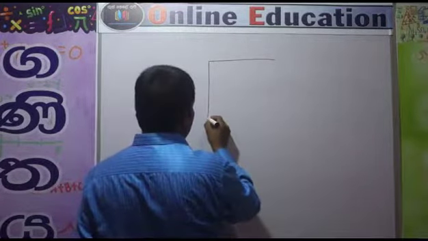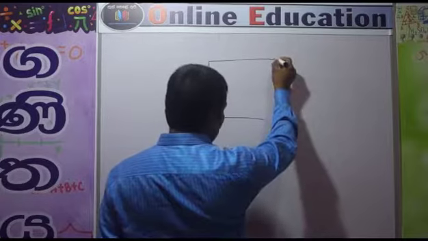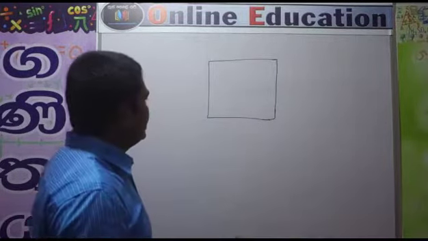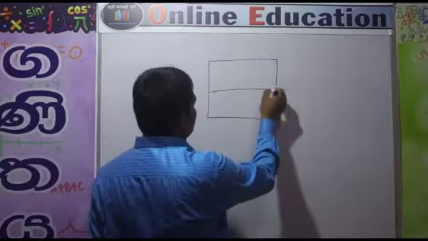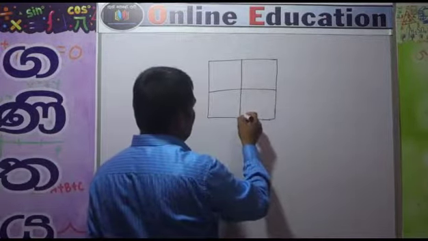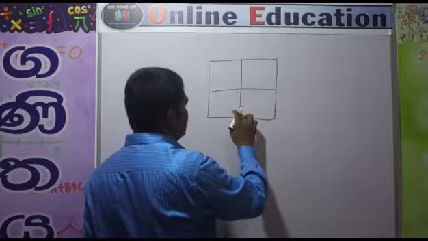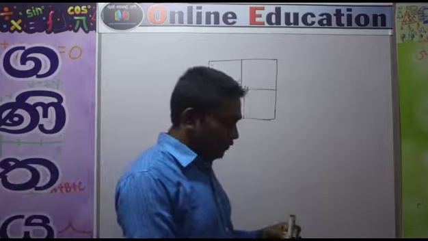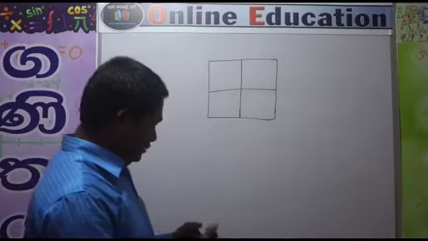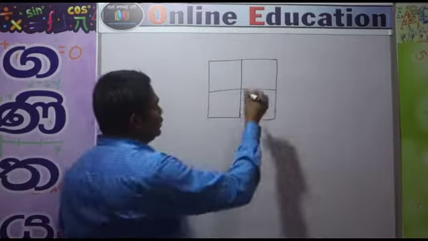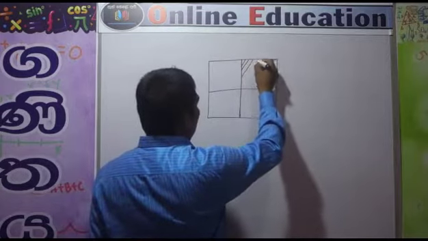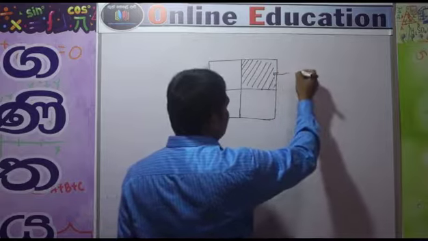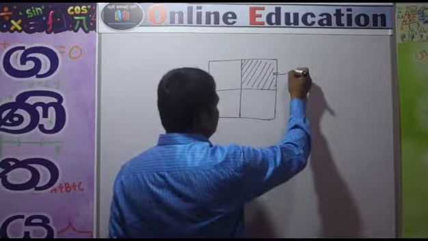In your family, you have a brother or sister, so there are 2 children in your family. Your father has decided to divide his land into 4 equal parts, and he has decided to give 1 part to his daughter.